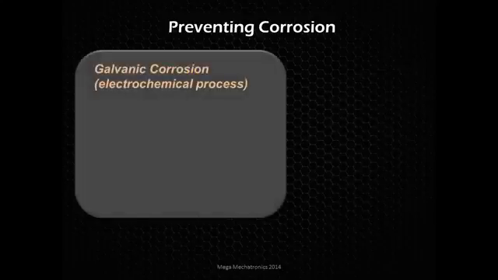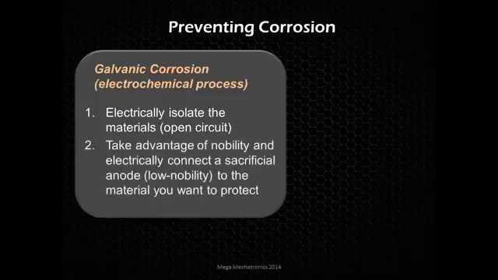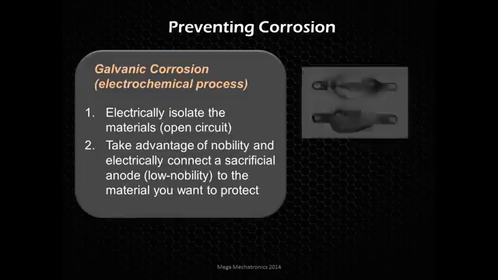And looking at galvanic corrosion, you need to electrically isolate the materials that are dissimilar. So you want to break that circuit, you want to open up that circuit so it can't allow that process to take place. Or we can actually take advantage of those electropotential differences and connect a sacrificial anode, something with low nobility that we don't care about if it erodes, but that will actually protect the base material.